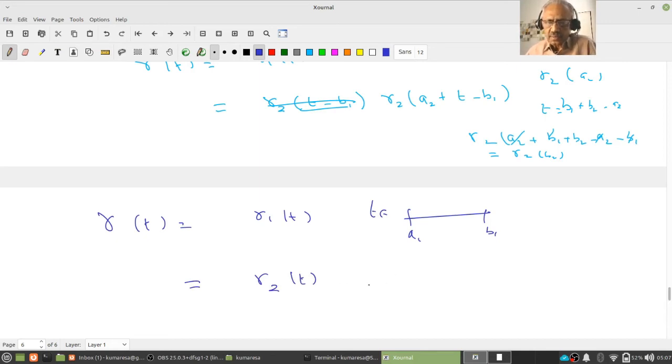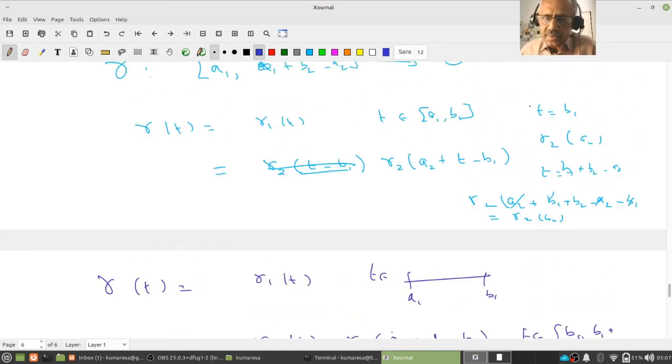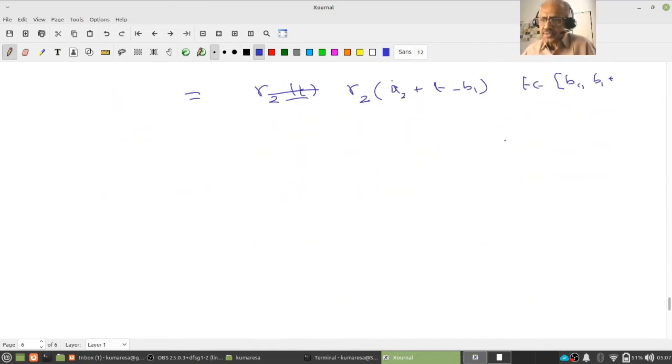I have to start with A2 plus t minus B1. This is where t is between B1 and B1 plus B2 minus A2.